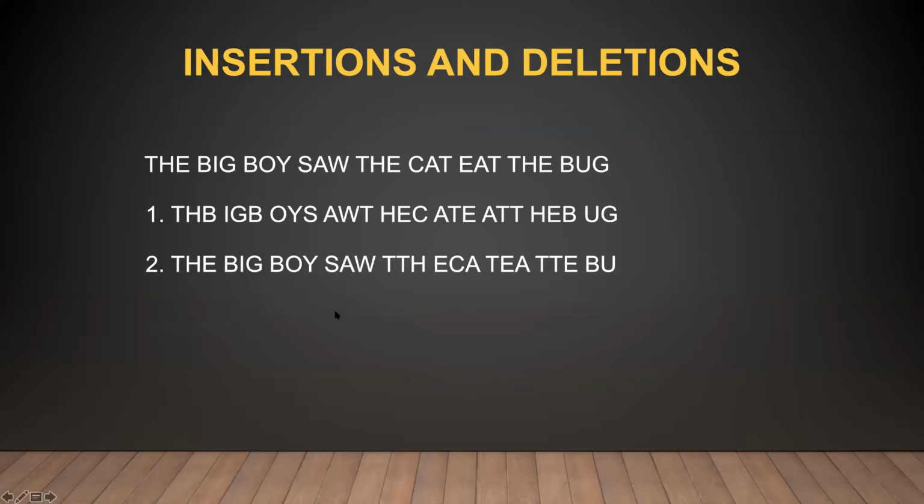If we pretend that "the big boy saw the cat eat the bug" is our genetic code for our protein, and this is the correct sequence of those letters, I'll have you guys tell me, what happened in this first example? Where did the mutation occur in that first sentence? Does anybody see where the mutation is and what happened?